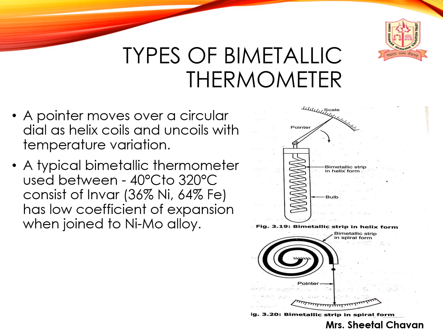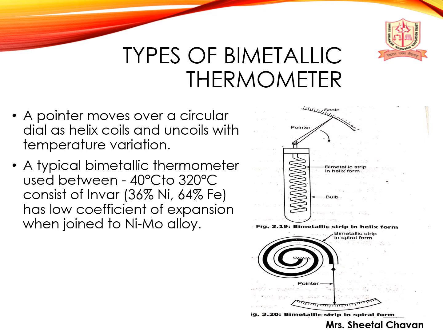Types of bimetallic thermometer. A pointer moves over a circular dial as the helix coil coils and uncoils with the temperature variation. A typical bimetallic thermometer used between 40 degrees centigrade to 320 degrees centigrade consists of Invar, that is nickel and 64% Fe, which has a low coefficient of expansion, when joined to NiMo alloy.